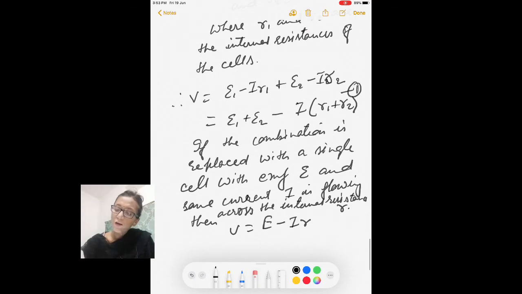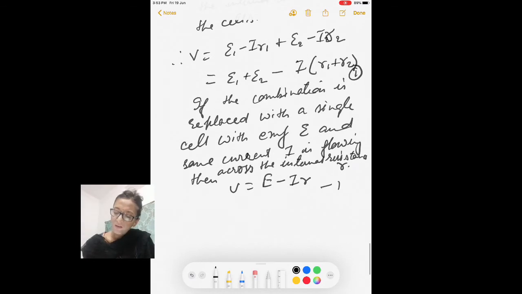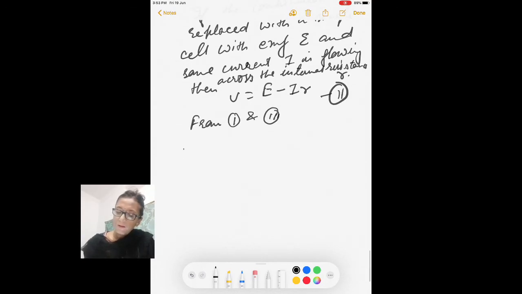So from this 1 and this 2, E minus IR comes equal to E1 plus E2 minus I into R1 plus R2.